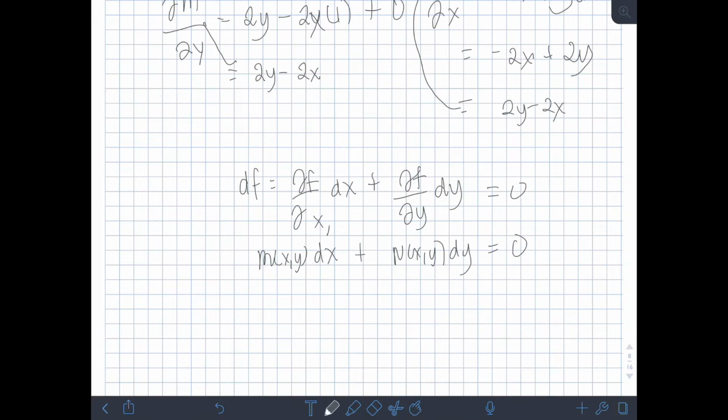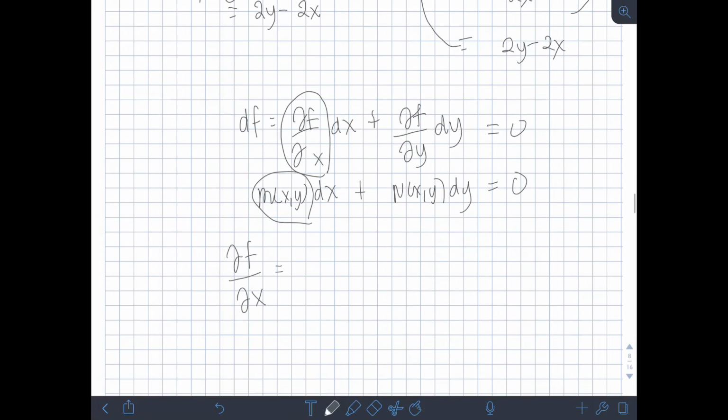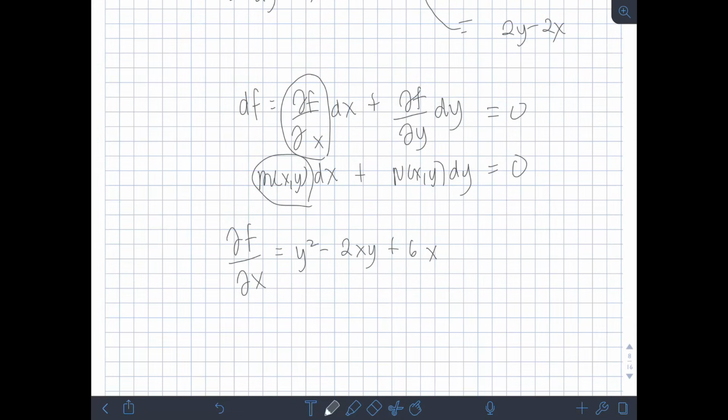So, pwede tayo magsimula by equating this partial derivative of f with respect to x dito sa M of x, y. Right? So, ano ba yung M of x, y natin kanina? Yung y squared minus 2xy plus 6x. So, y squared minus 2xy plus 6x. Okay? So, parang magiging df is equal to y squared minus 2xy plus 6x multiplied by, cross multiply ko dito, magiging times dx.